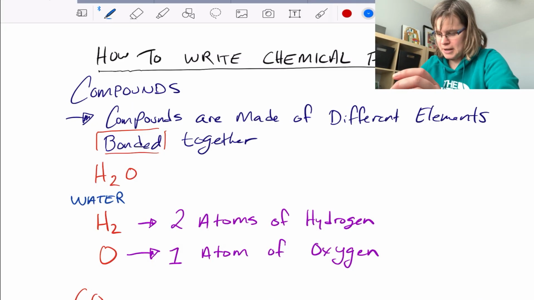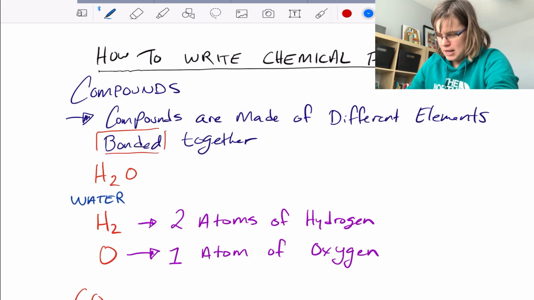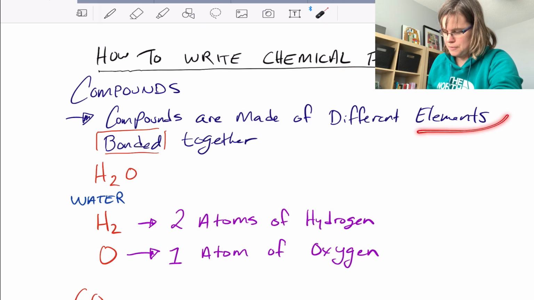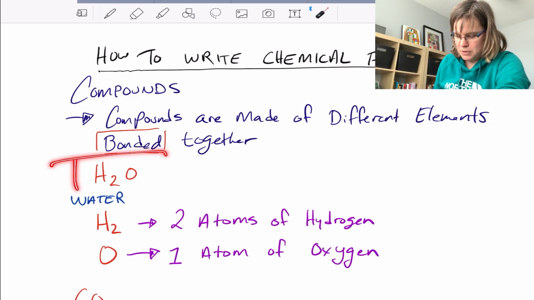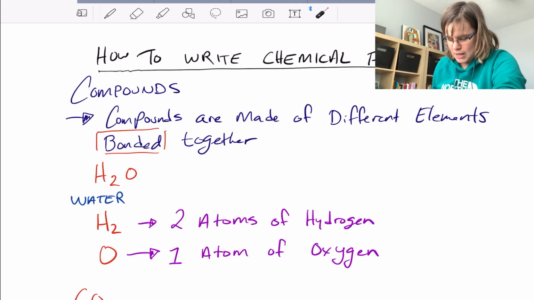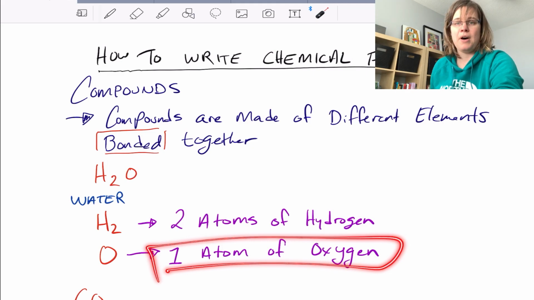So here we are, how to write chemical formulas. We need to know this first thing about compounds. Compounds are made up of different elements, usually two, but you could have three or four. Something you're familiar with is water, which is H2O. Water has two hydrogens in it, and since there's no number beside the O, it only has one atom of oxygen.